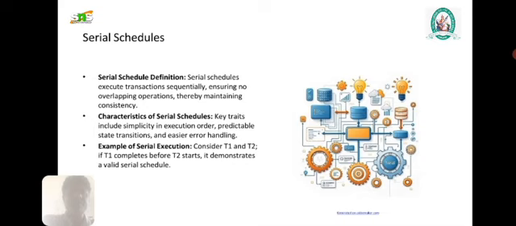And what are the characteristics of serial schedules? The key traits include simplicity in execution order, a predictable state of transactions and easier error handling. An example of serial execution is transaction 1 and transaction 2. If you complete T1 completely before T2 starts, we can easily validate it as a serial schedule.